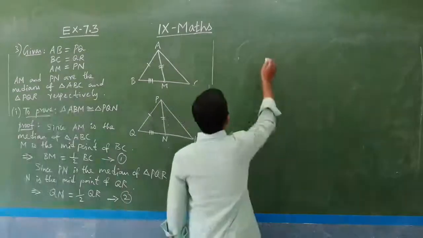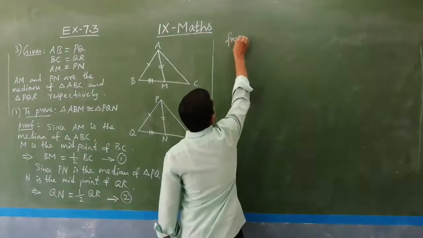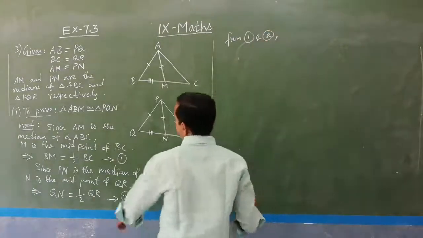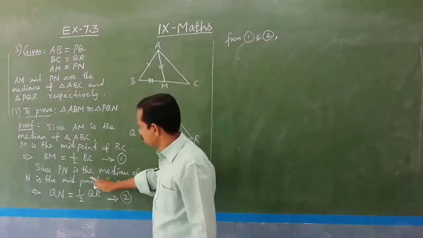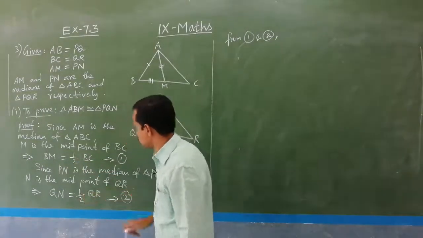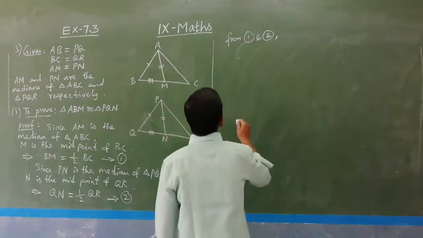Comparing equation 1 and equation 2, this is half of BC and this is half of QR.